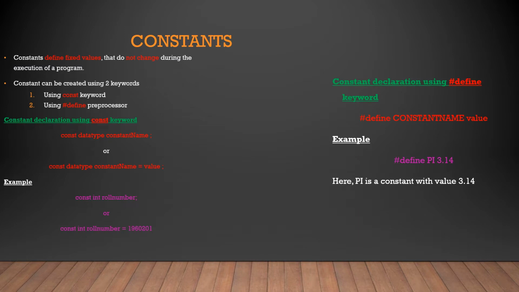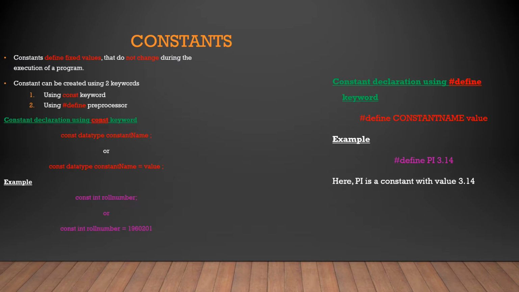Constants can be created using two keywords in the C language. One is the const keyword, C-O-N-S-T, and the other is the preprocessor directive, #define. By using the #define statement, we can create constants in C so that the value of that variable remains fixed throughout the execution of the program.